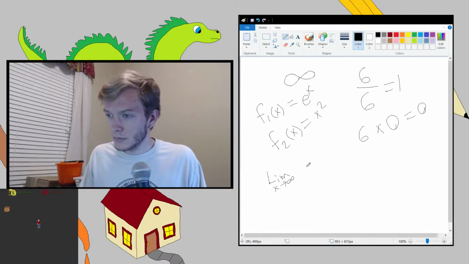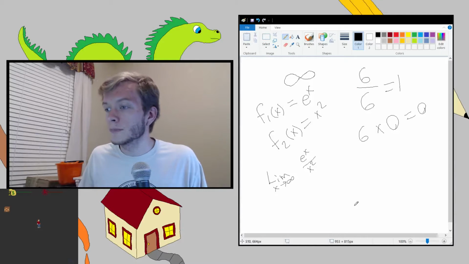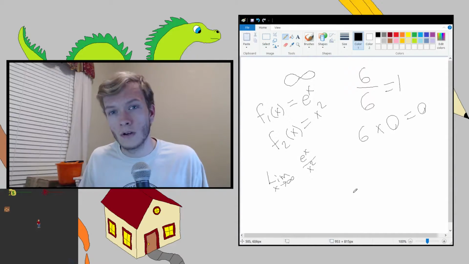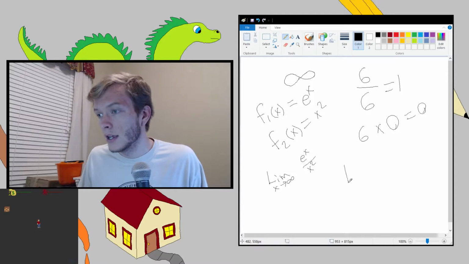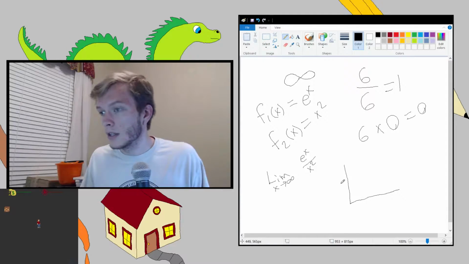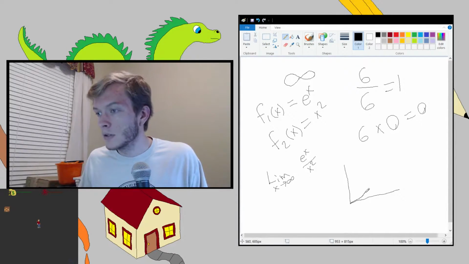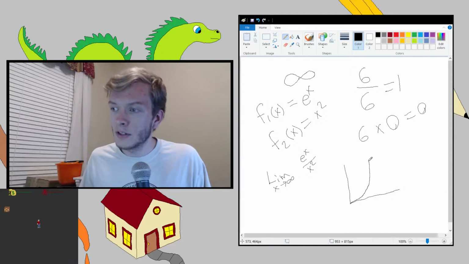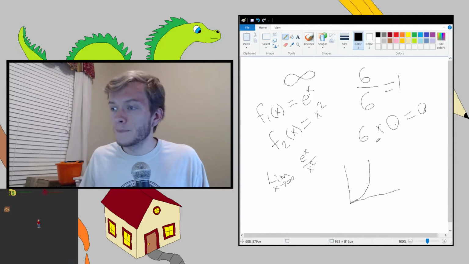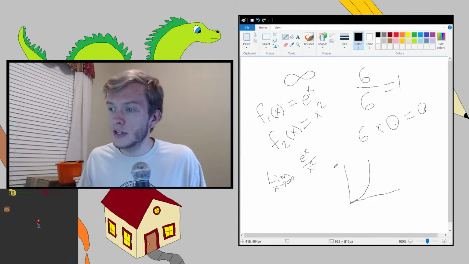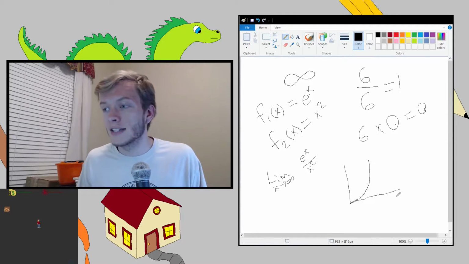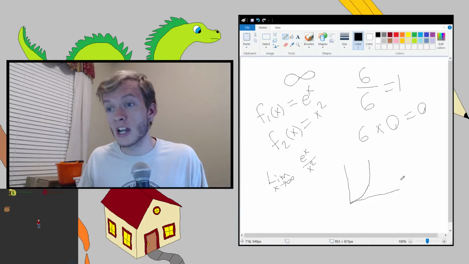If we take e to the x over x squared, well, if we look at the graphs of these two functions, x squared goes up and gets fairly vertical pretty fast, but it does continue to approach infinity. So this number is getting very large as x gets large in general.